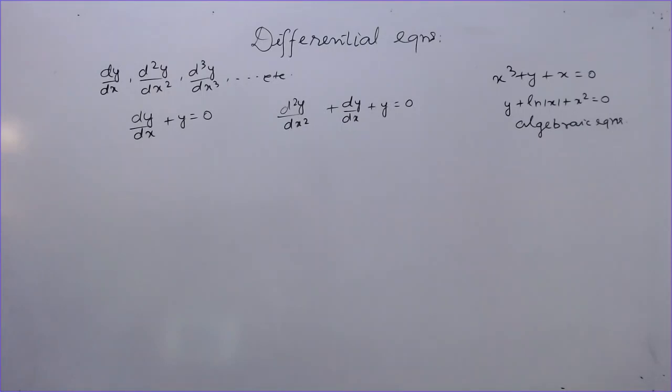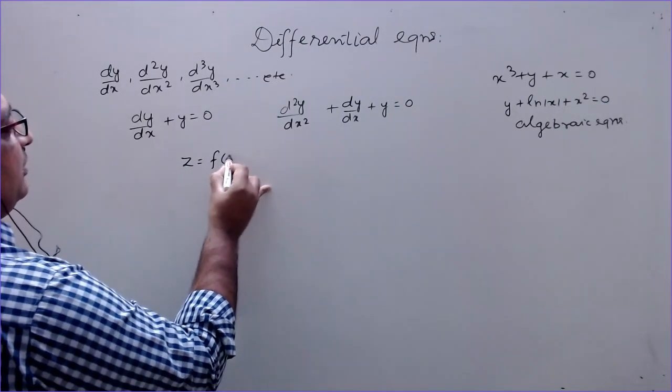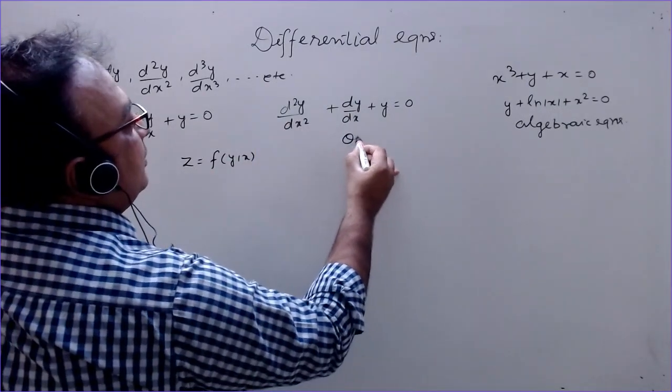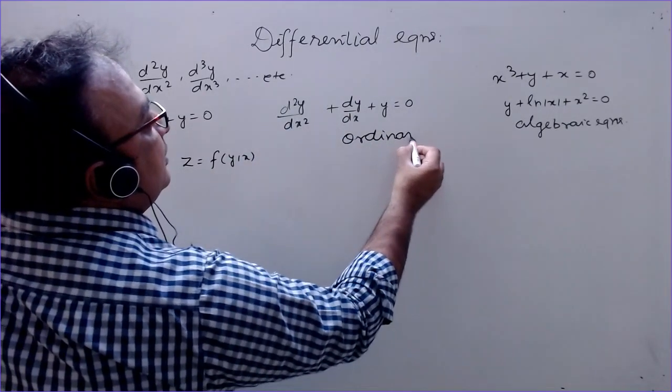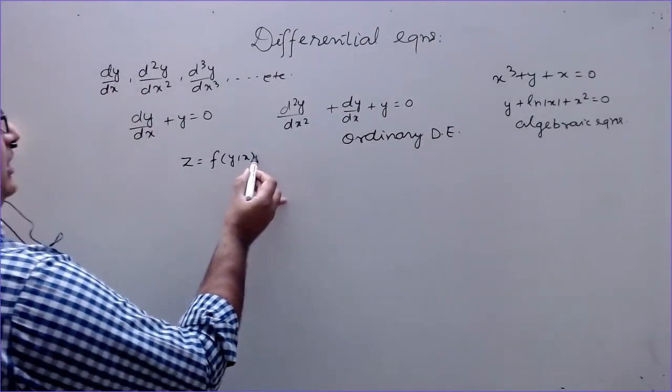And we may also have the differential equations in which the function is like z is a function of x and y. So these are called the ordinary differential equations, and z is a function of x and y.